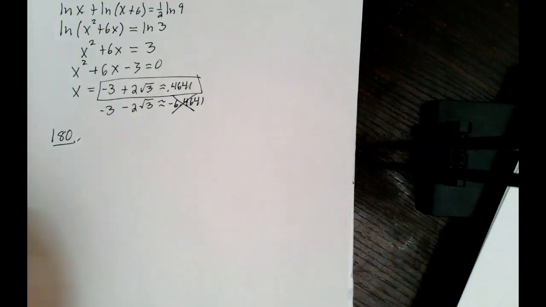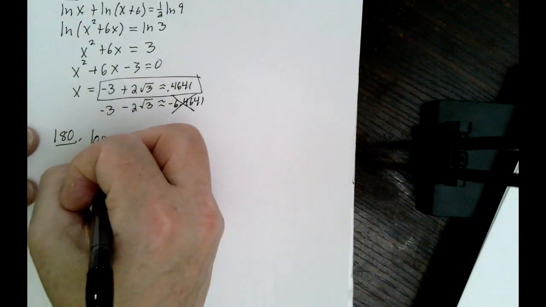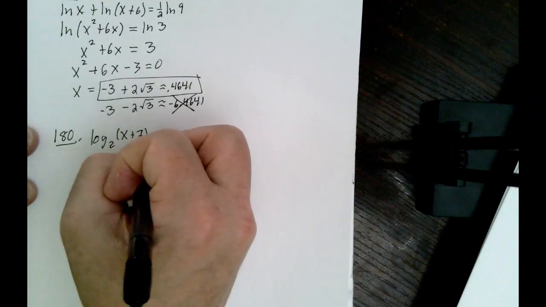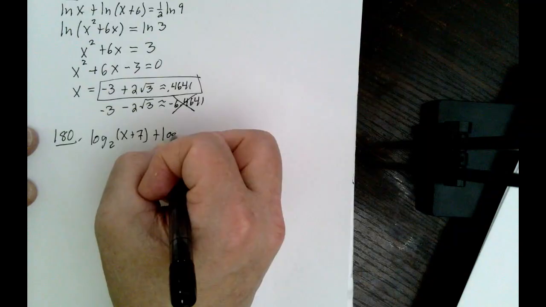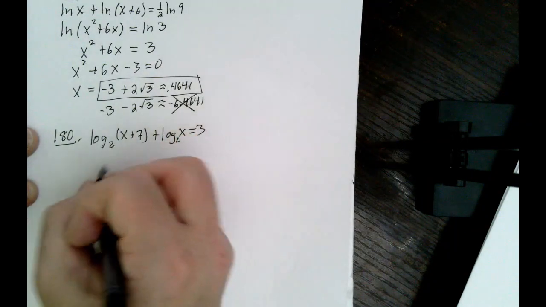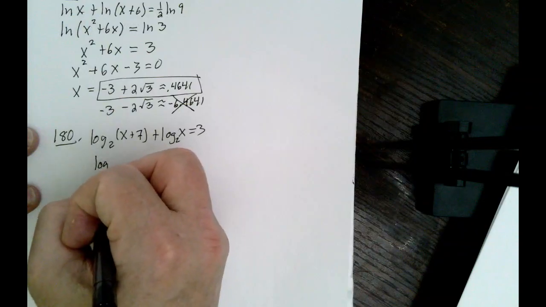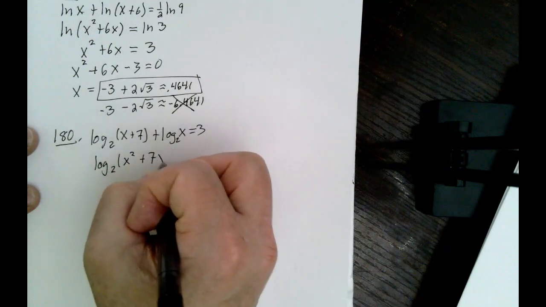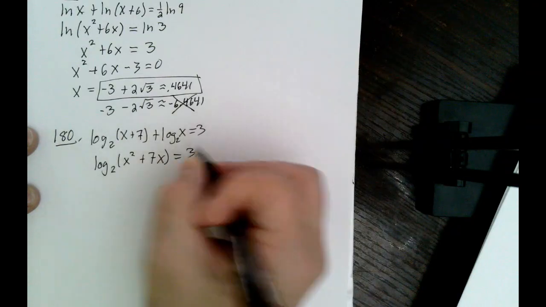180. Log base 2 of x plus 7 plus log base 2 of x equals 3. You can combine those and write it as multiplication. You end up with x squared plus 7x equals 3.